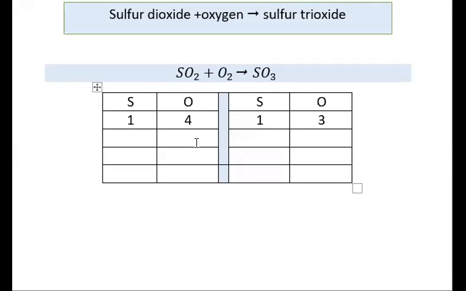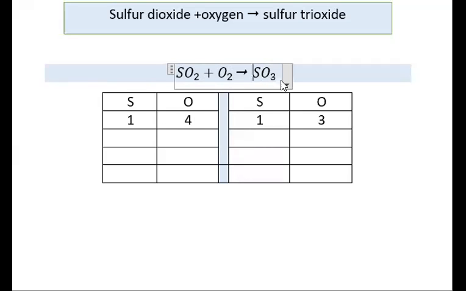So I need to say, by how much do I need to times oxygen by in order to get 12? So I see on this side that oxygen is split. So I don't want to start on that side. It seems complicated. So I start on the side where oxygen is only in 1 compound.